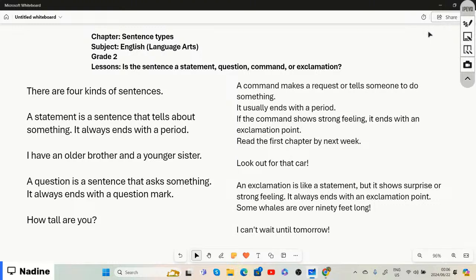When it comes to a statement, a statement is a sentence that tells us about something. And a statement always ends with a period.